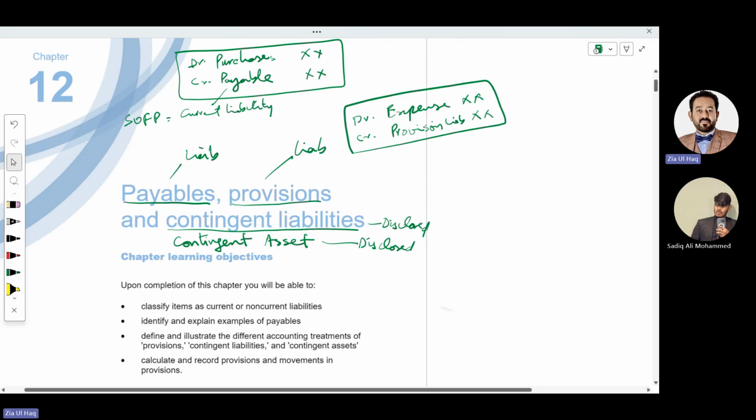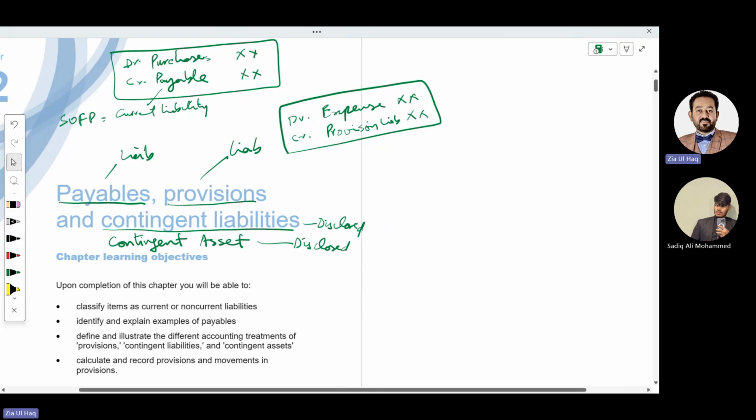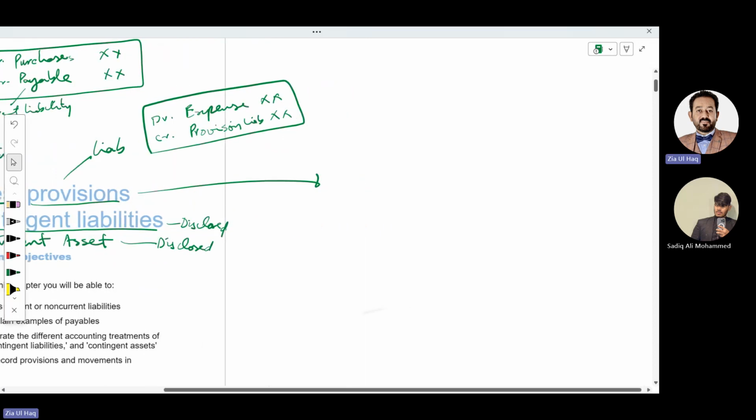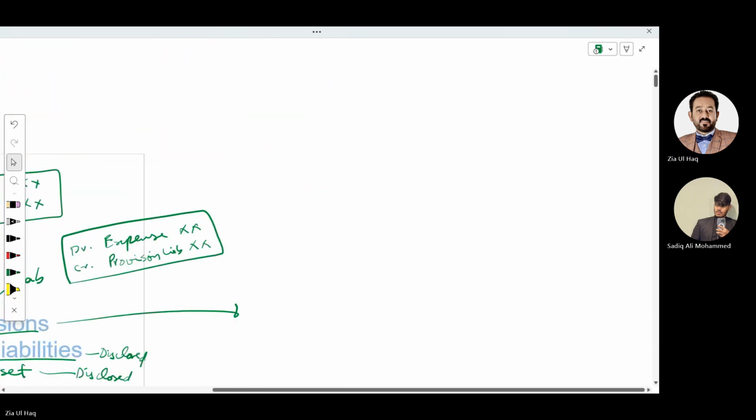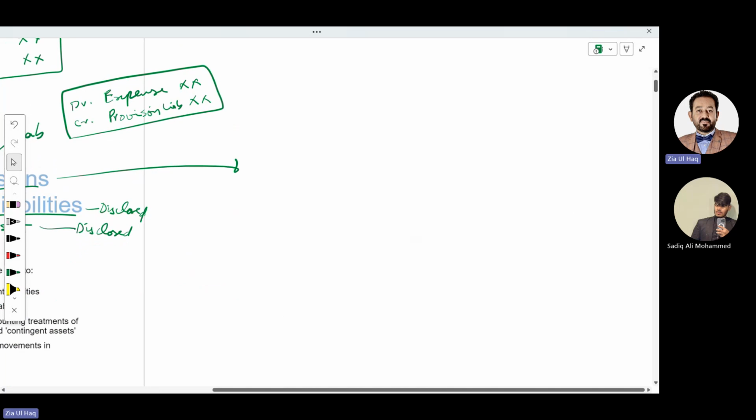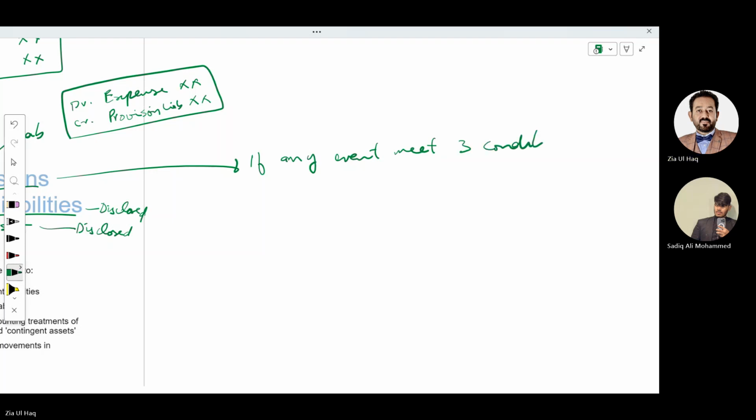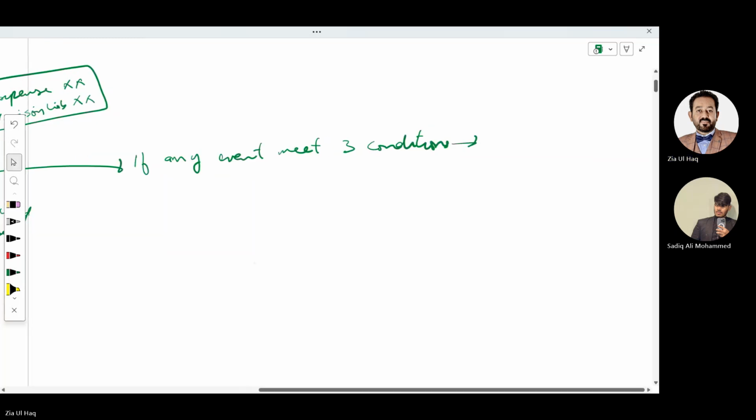Okay, let's discuss when we need to record a provision. A provision should be recorded if any event meets three conditions. If any event meets three conditions, there should be a provision.